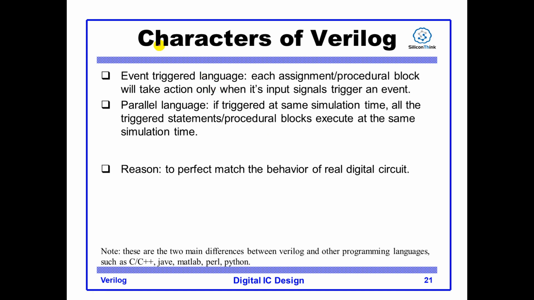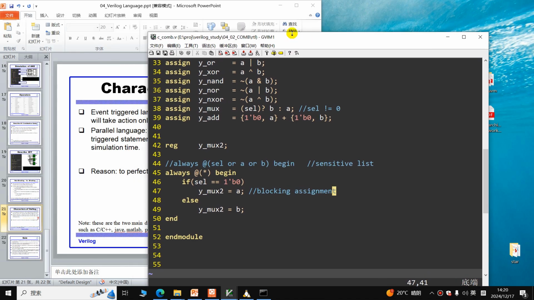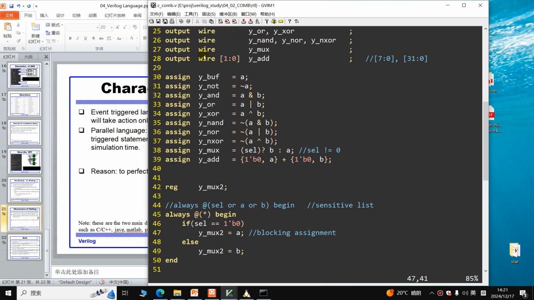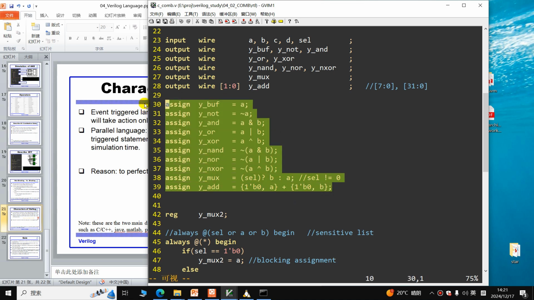And the other characteristic of the Verilog language is that it is a parallel language. That is, if triggered at the same simulation time, all the triggered statements or procedure blocks will execute at the same simulation time. Yes, you may have noticed that for combinational logic design, when A or B is changed, all these statements will be triggered at the same time and execute.